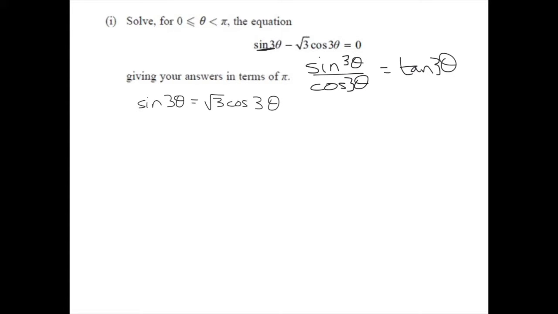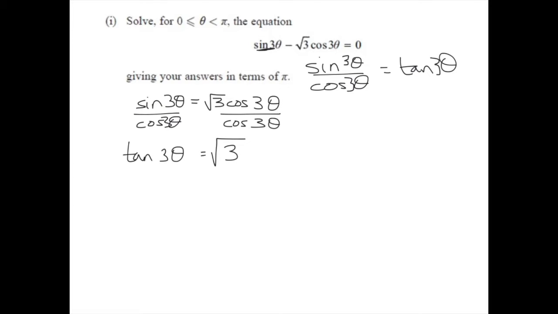Then divide both sides by cos 3 theta. As I've written beforehand, sine 3 theta over cos 3 theta is going to be equal to tan 3 theta, and cos 3 theta divided by cos 3 theta is going to be 1. So we're left with tan 3 theta equals root 3.